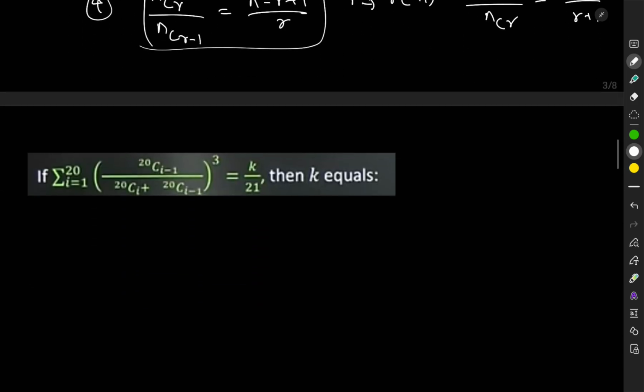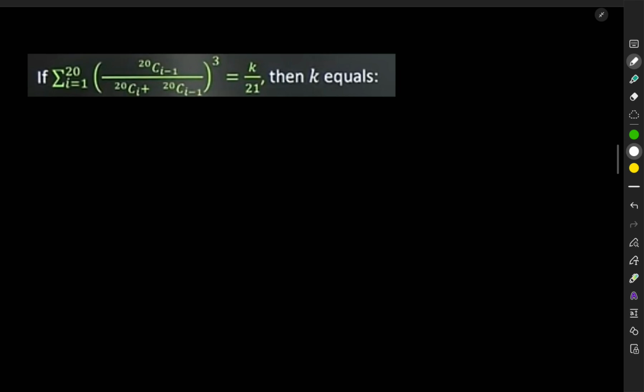Fine. So coming back to the question which we have left to solve. So this is the question. We have the sum, i starts from 1, of 20 C i minus 1 by 20 C i plus 20 C i minus 1.